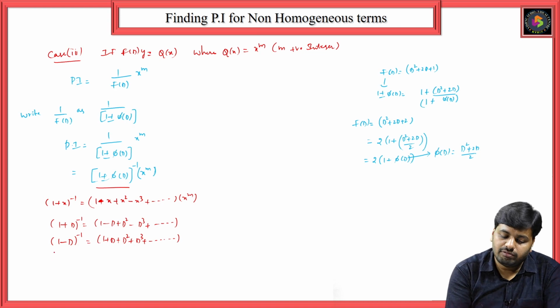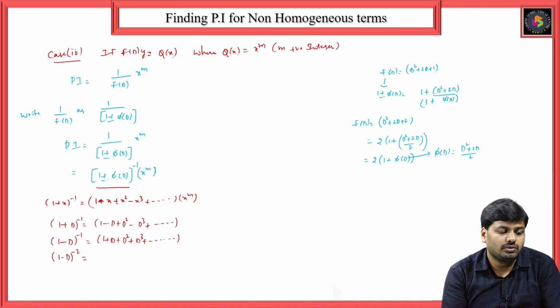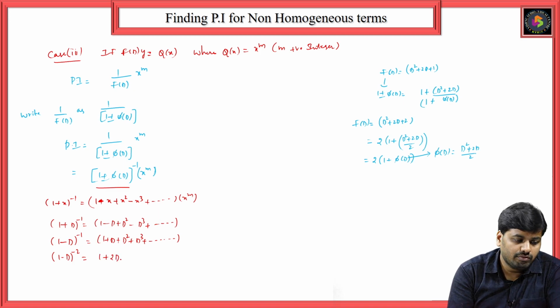Then 1 minus D whole power minus 2 also is available in some cases, so we have to follow that too, otherwise we get problems with these expansions. I'll give that also for your reference: 3D square.